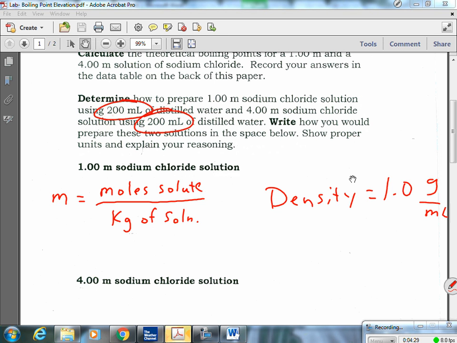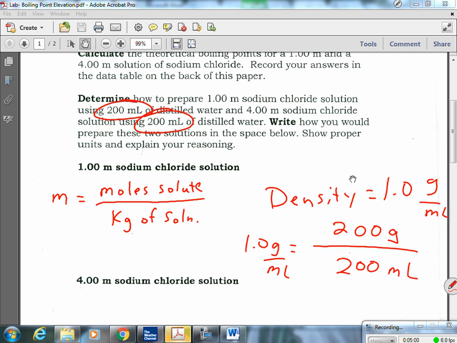So if I have 200 milliliters, and I know the density is 1 gram per milliliter, how many grams do I have? Yes, ladies and gentlemen, I am going to have 200 grams.